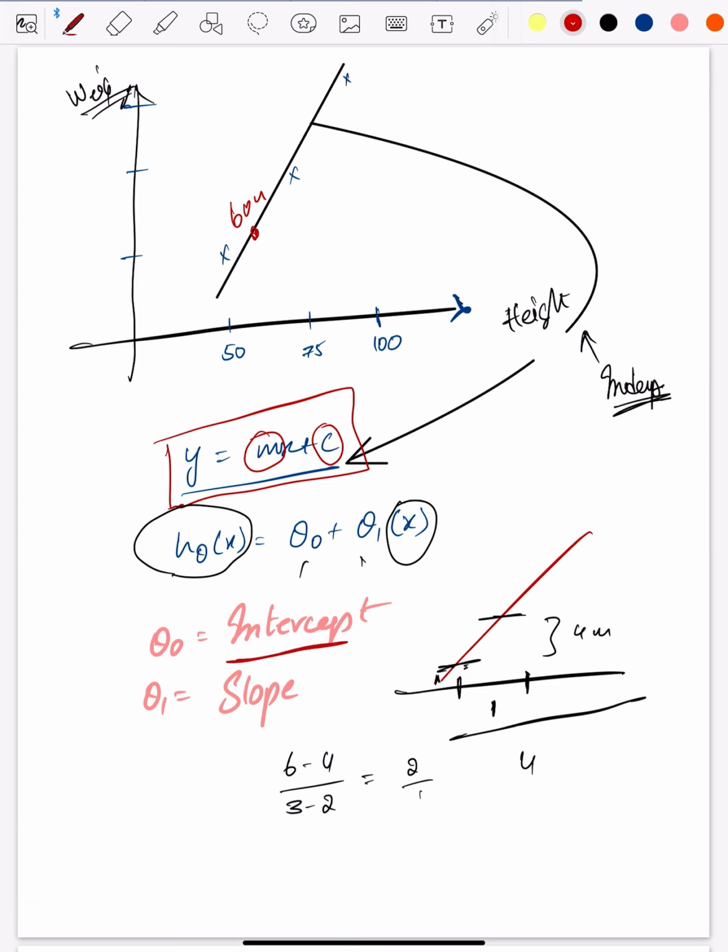Whenever the independent variable is zero, what is the value of the dependent variable? You can put it here: when you substitute the value of zero, h theta of x equals theta naught plus zero into theta 1.